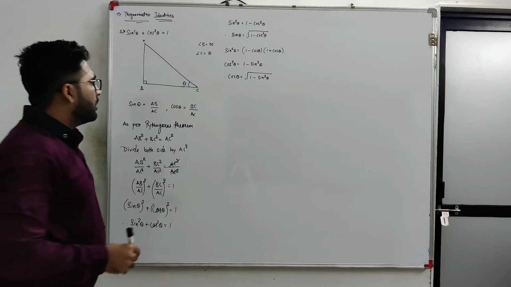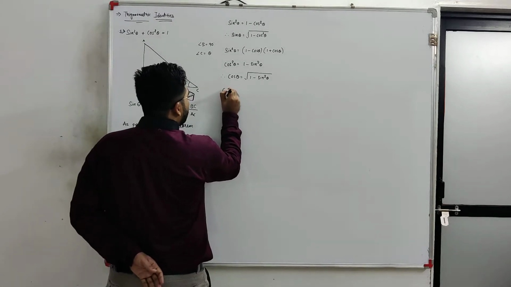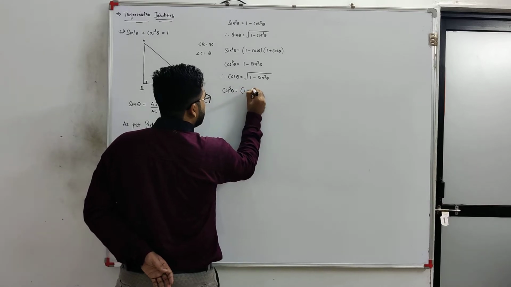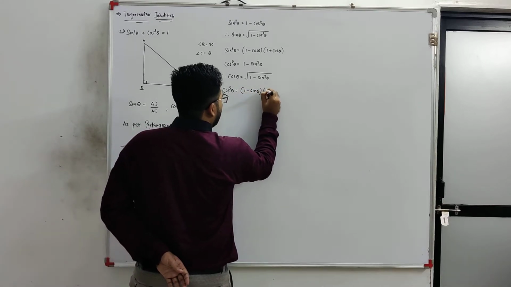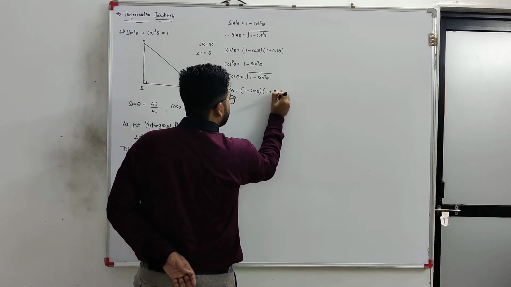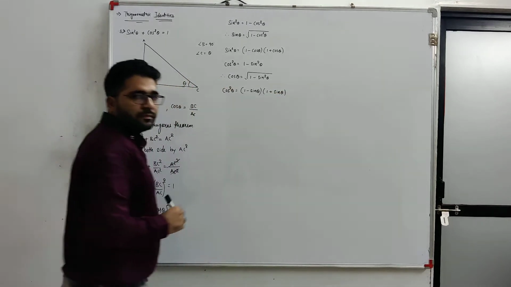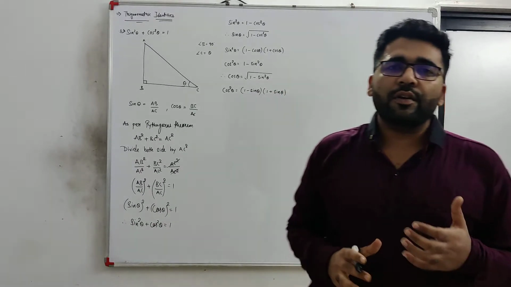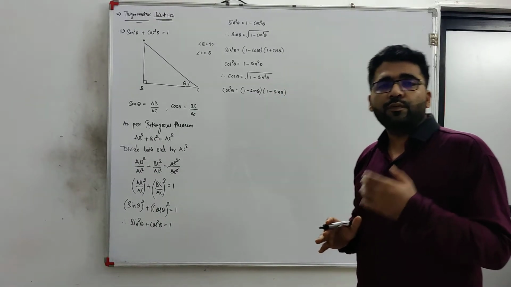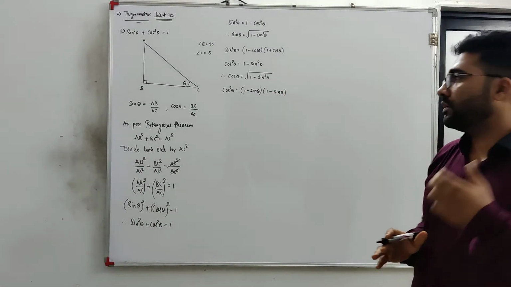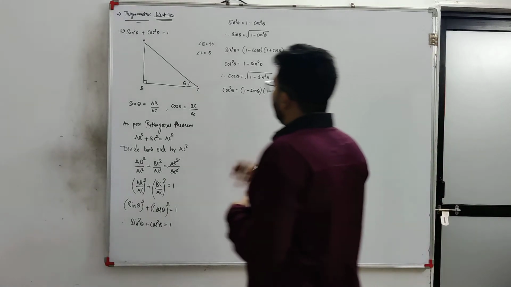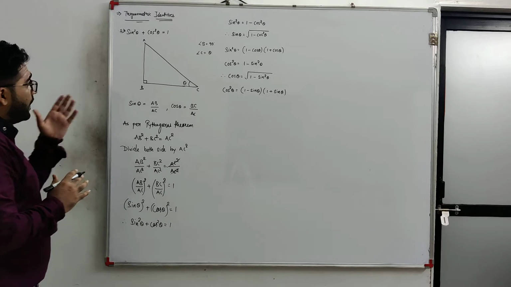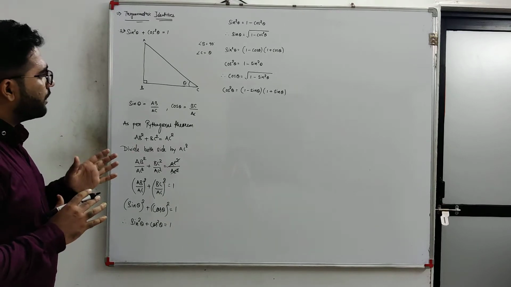In the same way I can write cos square theta is equal to 1 minus sine theta into 1 plus sine theta. So these are the ways that you can modify your main identity to find the solution of other questions. I have written this first identity in six ways.